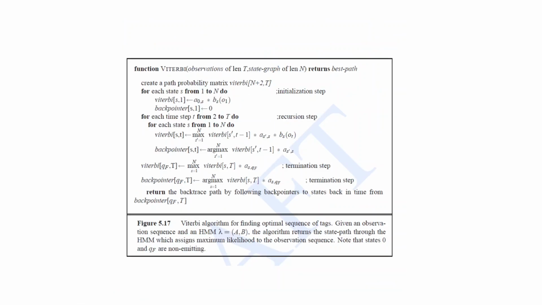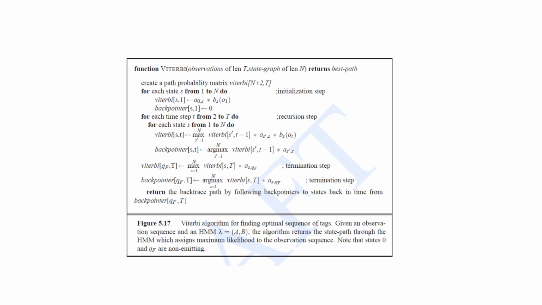Now we'll go back to the algorithm. Initially, we have a Viterbi value which is stored for every state in the hidden Markov model, and for each of the time slots. Initially it is set to the transition probability from the start state to the current state, times the emission probability of the first symbol in the current state.